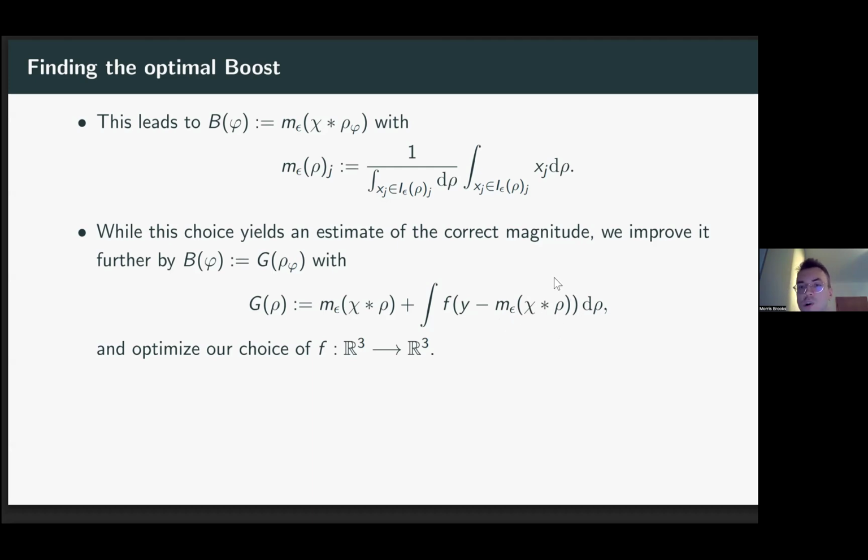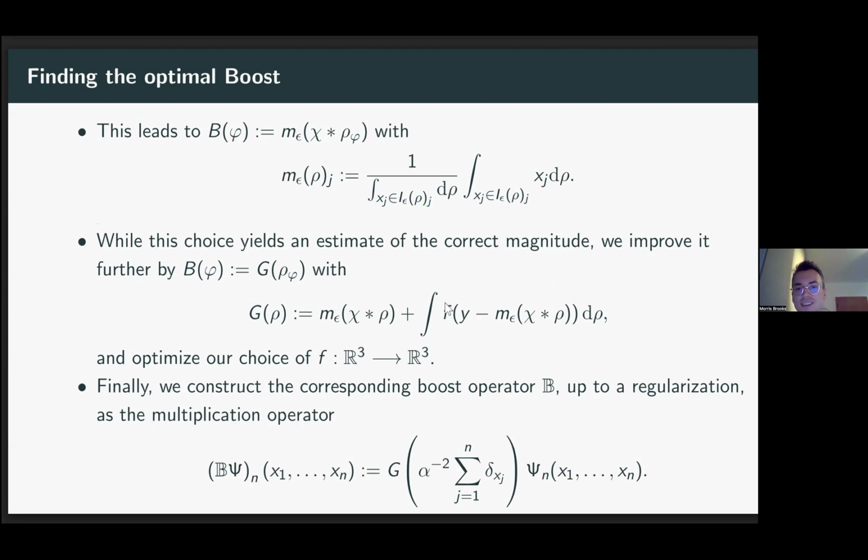For any function f, this is a valid manipulation, and then we actually optimized in this f, and this is very explicit. In the end, you have this function g. You want to make it a quantum operator again. So instead of plugging in this measure rho, which is the Pekar minimizer measure, you plug in the empirical distributions of your phonons. And that's how you go back.